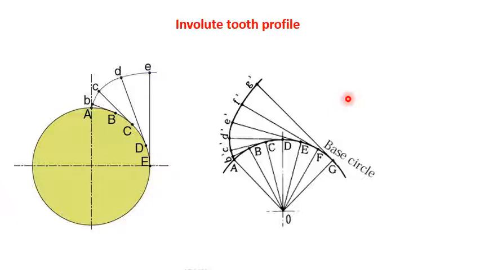There is more wear and tear in the involute type of tooth profile. Less wear and tear is there in the cycloidal tooth profile, because if you see the profile of the tooth, the profile is smooth in case of cycloidal, whereas in involute it is a little bit rough surface or having sharp edges.